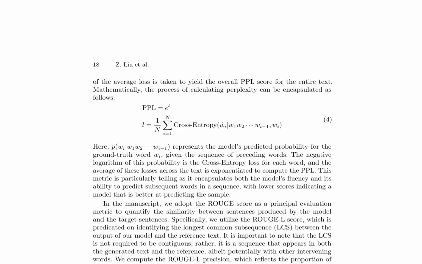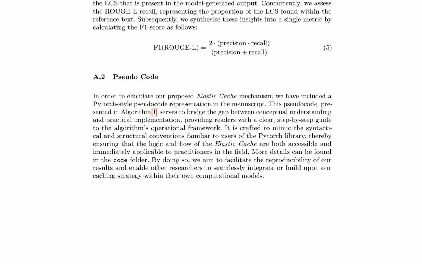This metric is based on identifying the longest common subsequence, LCS, between the generated text and the reference text. The ROUGE-L precision and recall are computed, reflecting the proportion of the LCS present in the model-generated output and the reference text, respectively. These insights are then synthesized into a single metric, the F1 score, which is calculated as the harmonic mean of precision and recall.